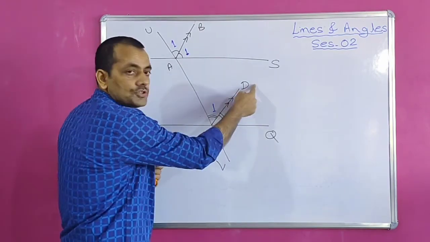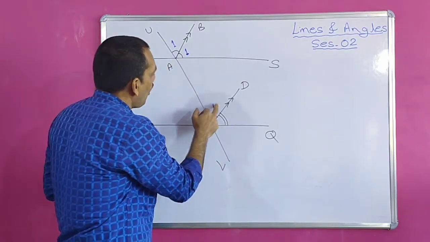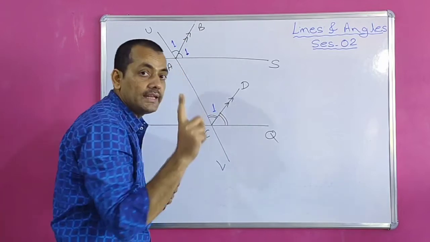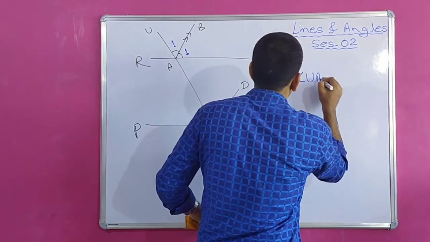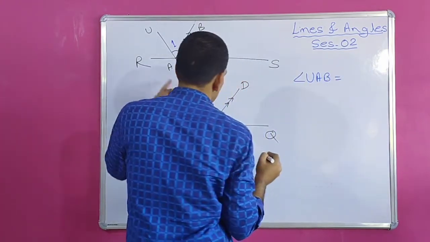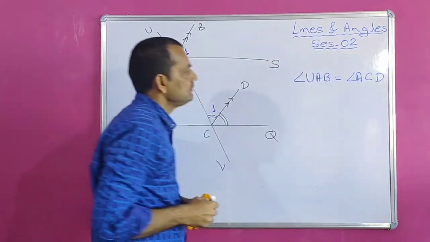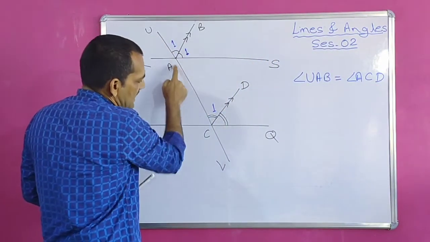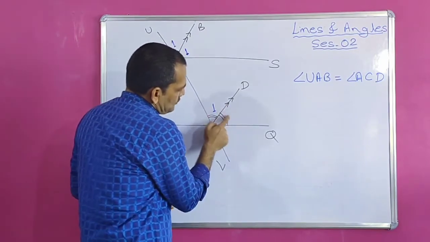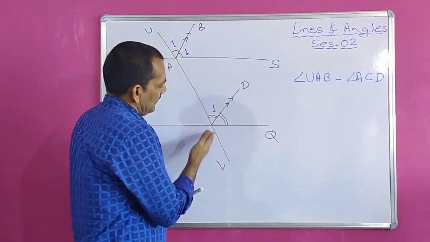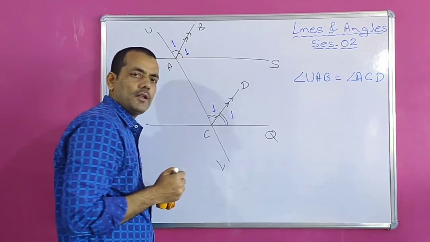AB is parallel to CD and a transversal UV is cutting them, so these two are corresponding angles: angle UAB equals angle ACD. And these two angles are the same because CD is an angle bisector. So if this is 1, this is also 1.